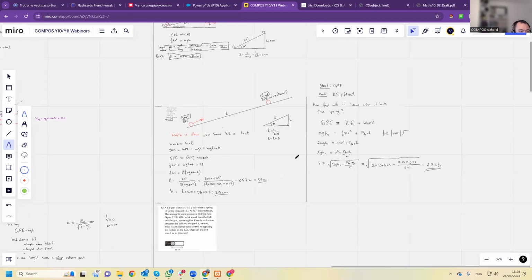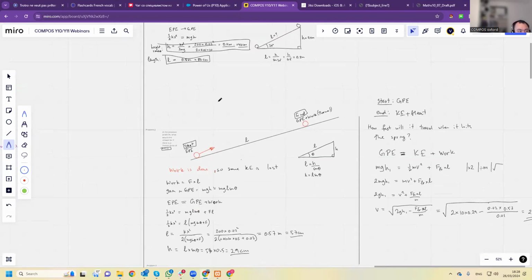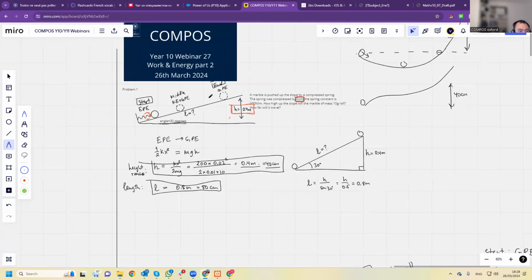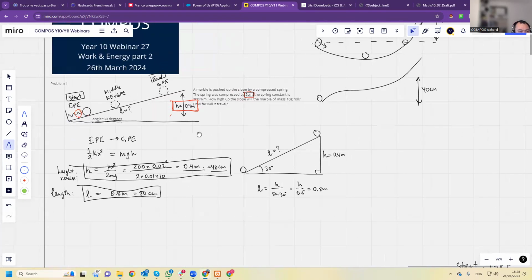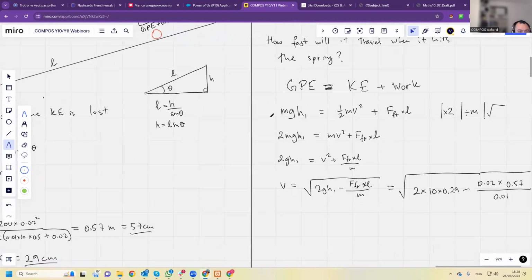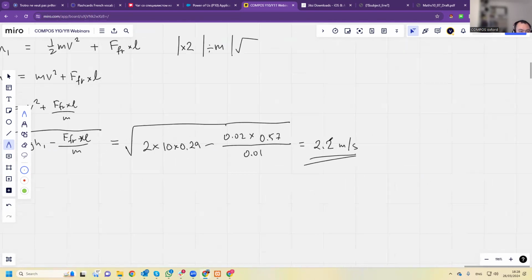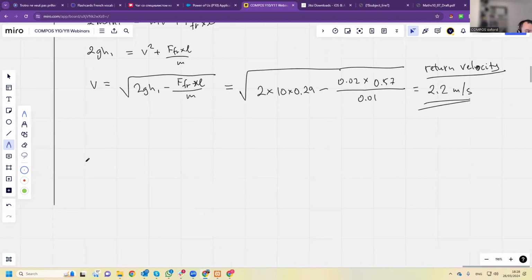Interesting. Well, we don't know how fast it left, so let's calculate the launch velocity as well.